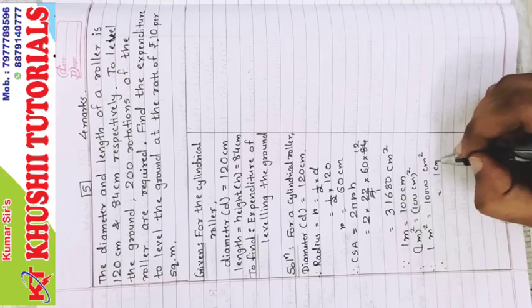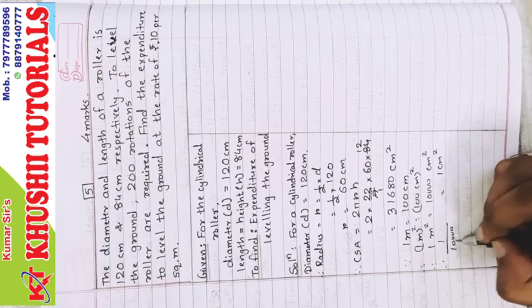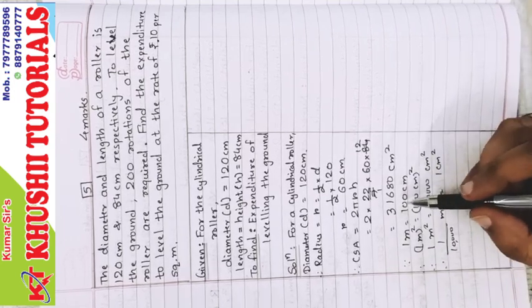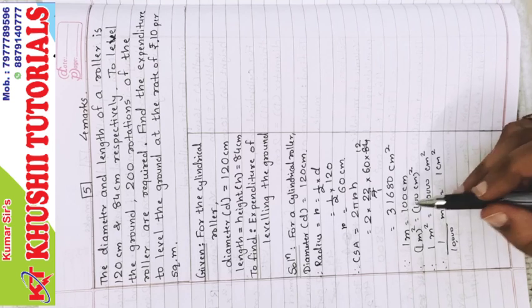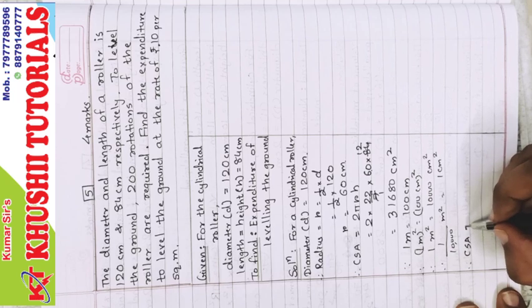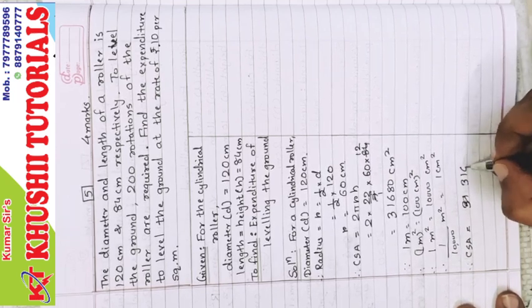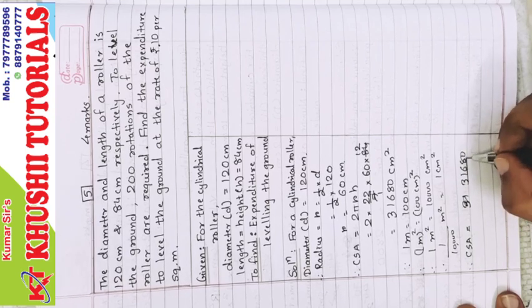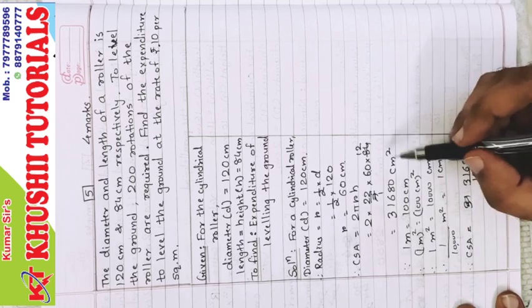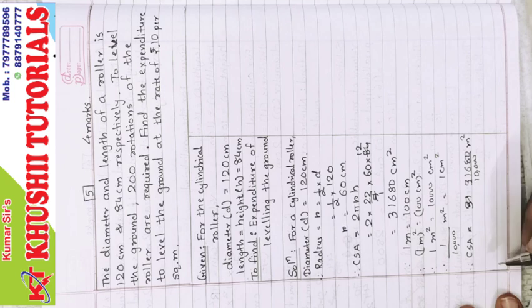So 1 centimeter square equals 1 upon 10,000 meter square.